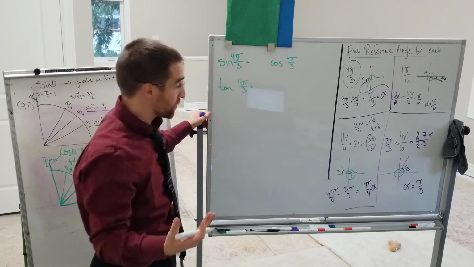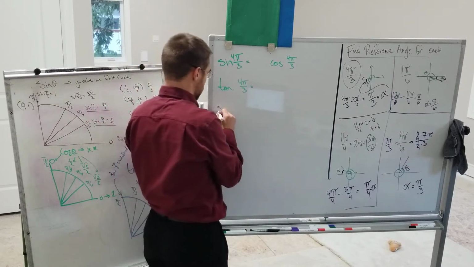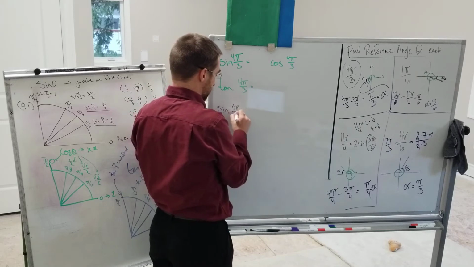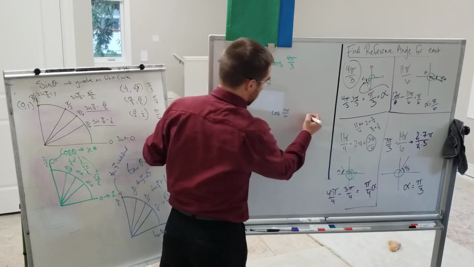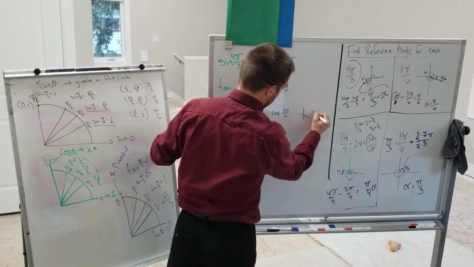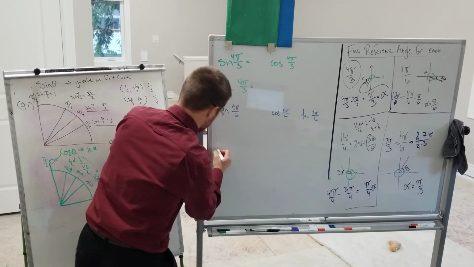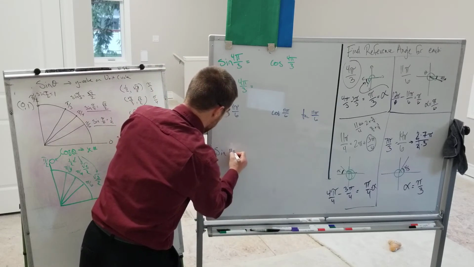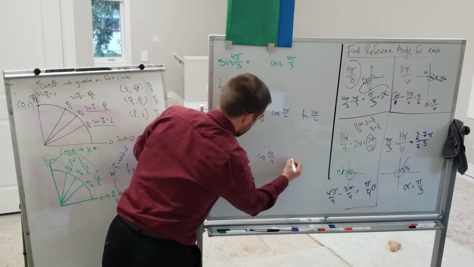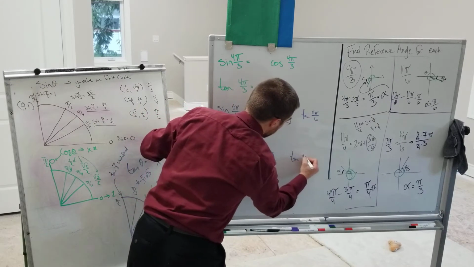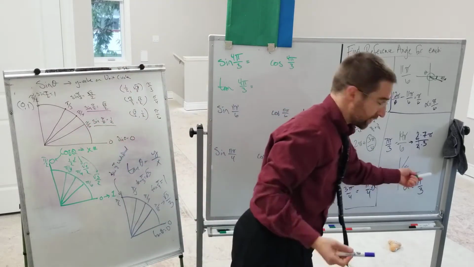So we're finding sine, cosine, and tangent for 4 pi over 3. We're going to go sine of 11 pi over 6, cosine 11 pi over 6, and tangent 11 pi over 6. We're going to do the same with 11 pi over 4. We're not going to do 14 pi over 4 because that reference angle was just the same.